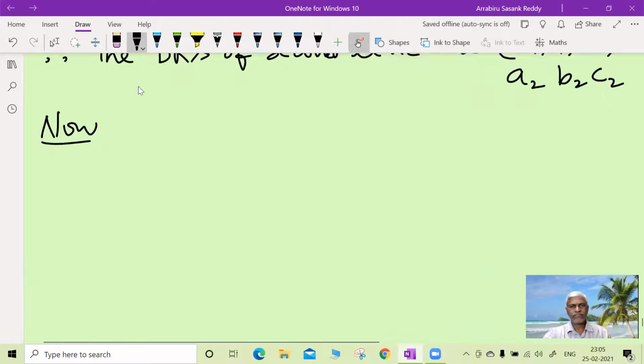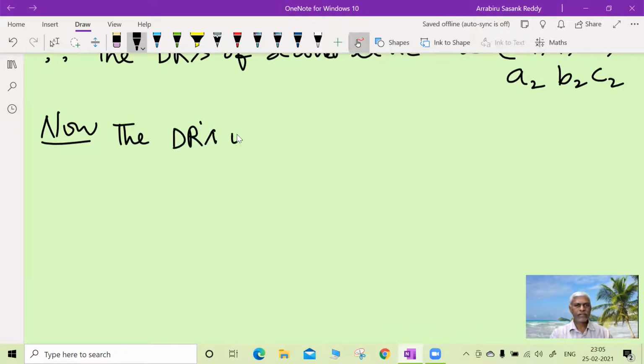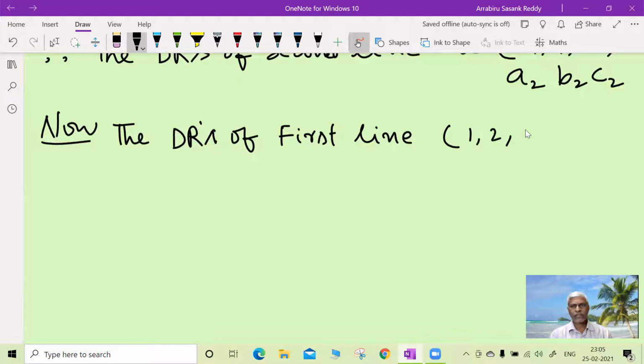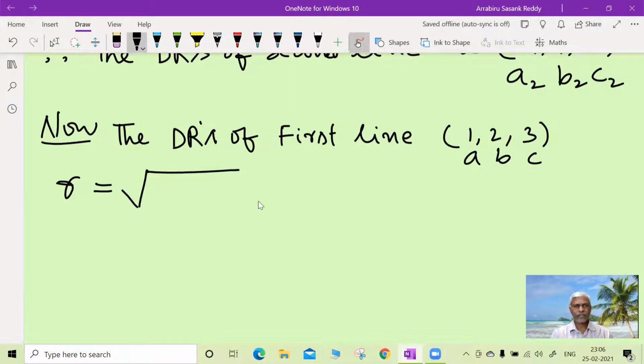The direction ratios of the first line are 1, 2, 3. r is equal to the square root of a square plus b square plus c square.